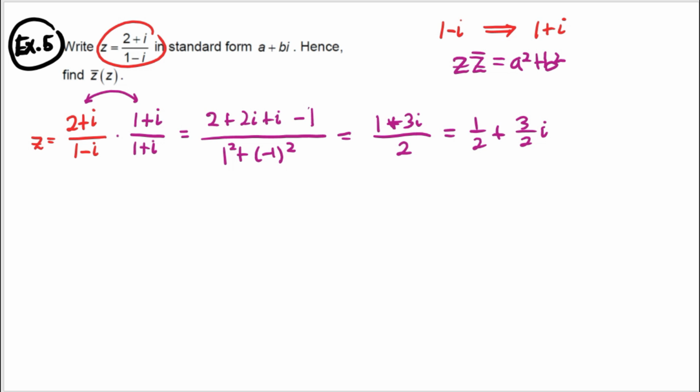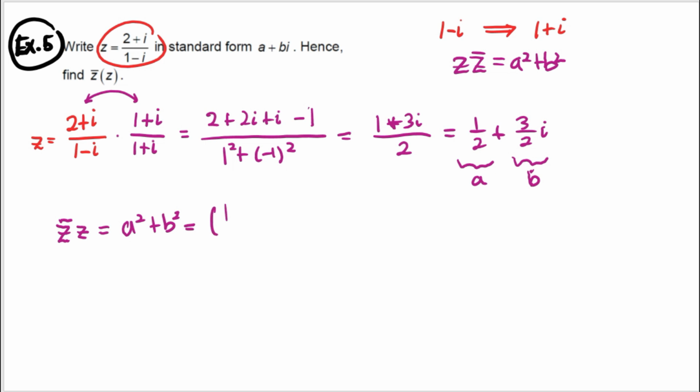Now, we need to find z bar z. So z bar z, meaning to say that we know this is a and this is b. So you just need to find a square plus b square. So you just need to plug it into this formula.